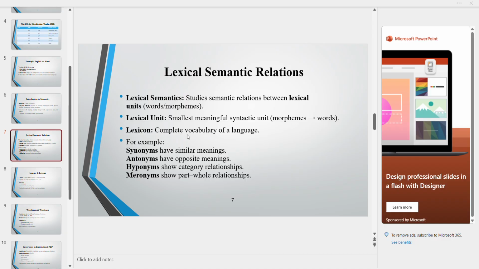Lexicon is the complete vocabulary of a language. All lexical units together form the lexicon of the language. Let's take an example. Here we have synonyms, that the words have similar meaning. Antonyms, the words have opposite meaning. Hyponyms show category relation, and meronyms show part whole relationships.